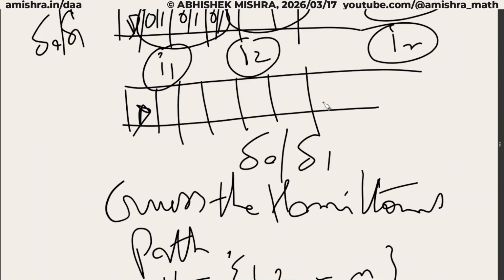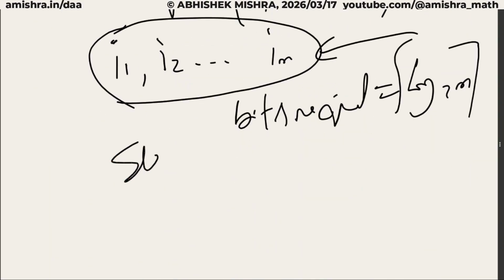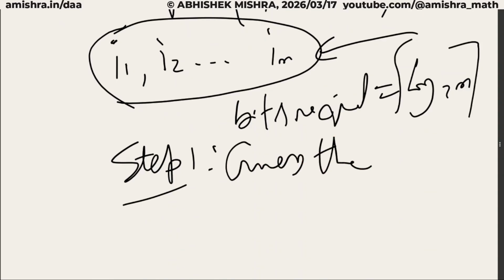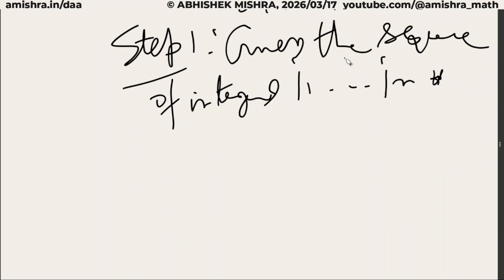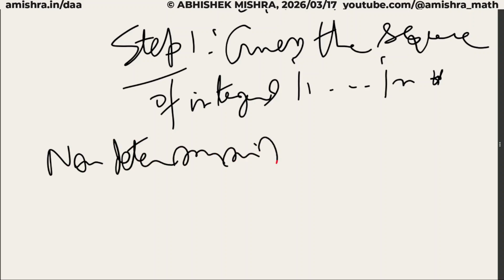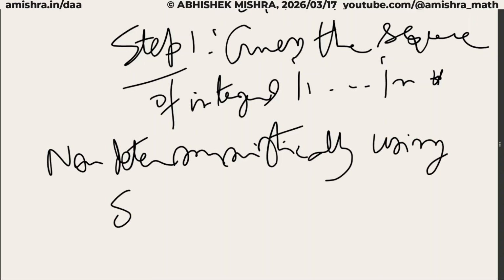So this is the guessing part. Step 1: guess the sequence of integers I1 up to In non-deterministically using delta 0, delta 1 moves.